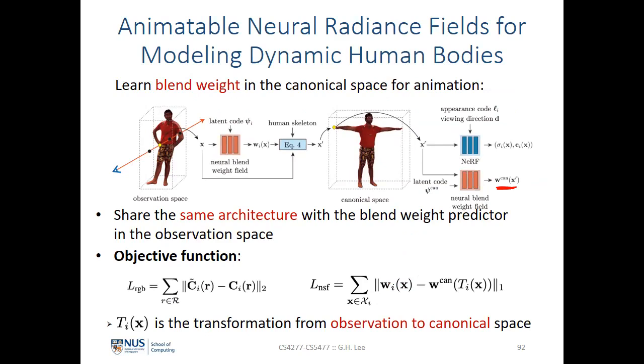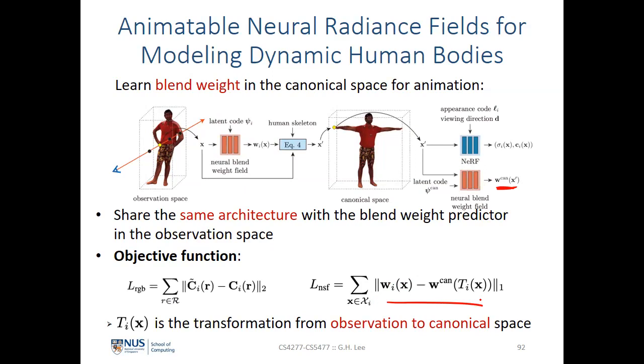Basically, the outputs of these two blending weights should be the same thing, because we are inverting it, and therefore this can act as a regularization to our network here.